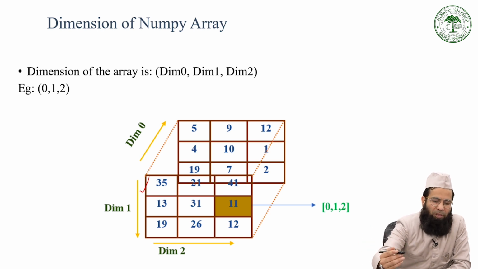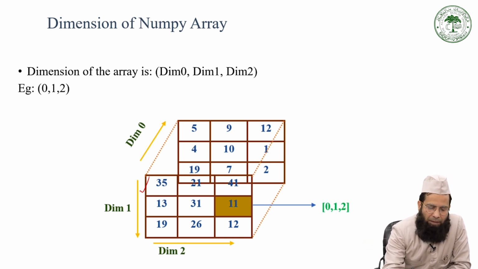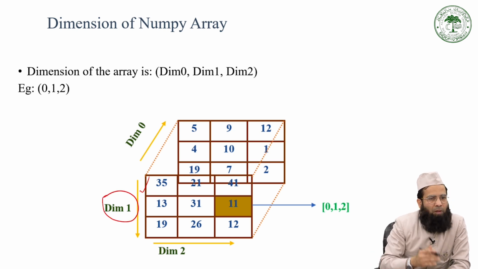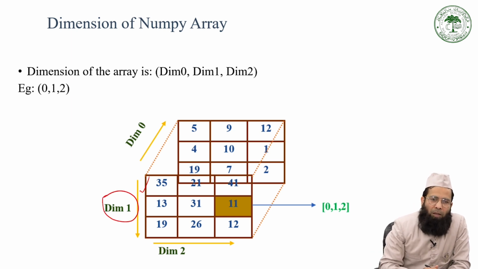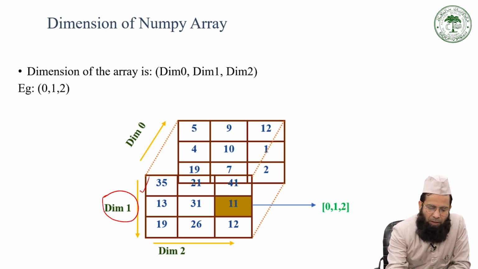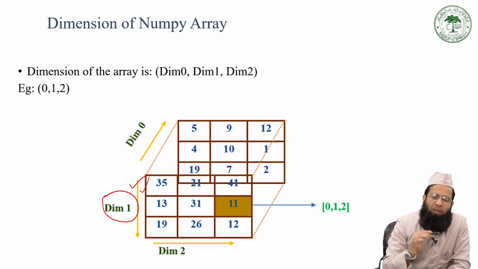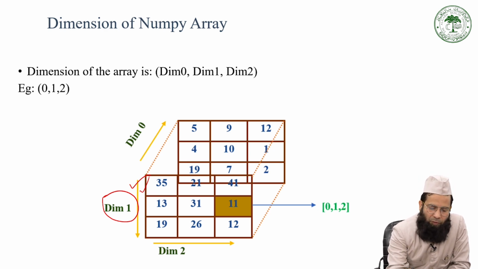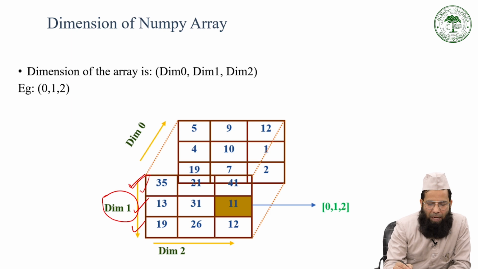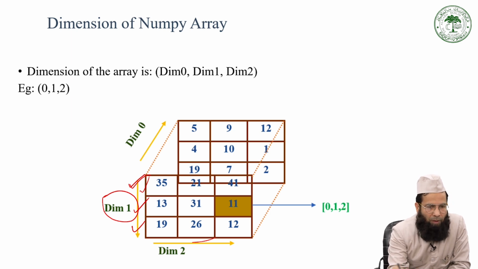And dimension 1 tells about the rows of a particular 2D array, right? So this is row 1, and if we are taking 0 index, this would be the 0 index row, first index, and then second index. And dimension 2 is for columns.